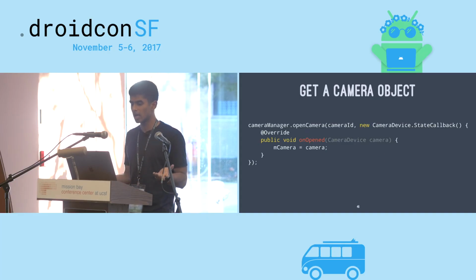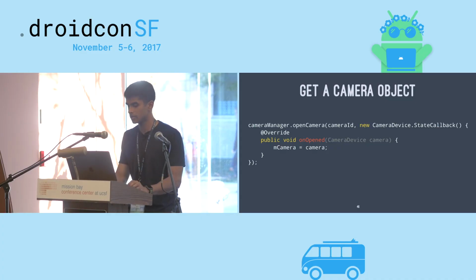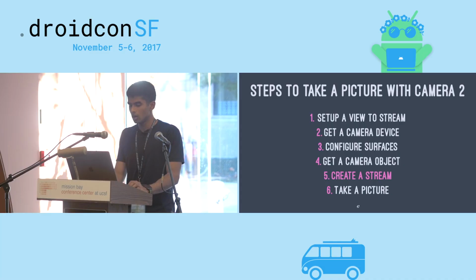Getting a camera object is pretty straightforward. You just call open camera on the camera, whether it's the front camera, rear camera, or external camera. And then you want to save the reference in order to use it in the next steps to create a stream, take a picture, or handle lifecycle methods. So, creating a stream.